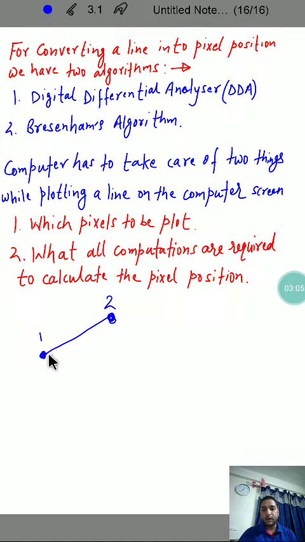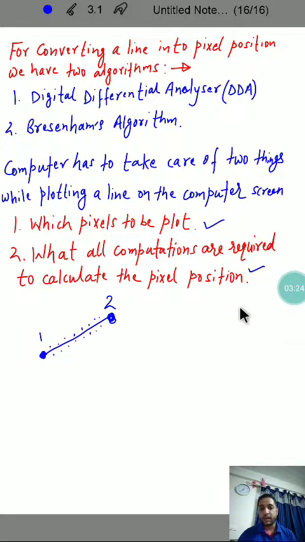Now when we are plotting this line, the computer is highlighting those pixels which are near the vicinity of this line, and that's how we are seeing this line. So the computer has to take care of all these things.